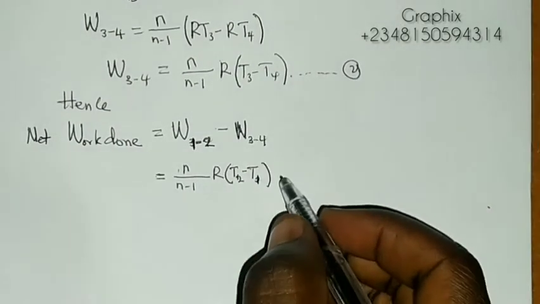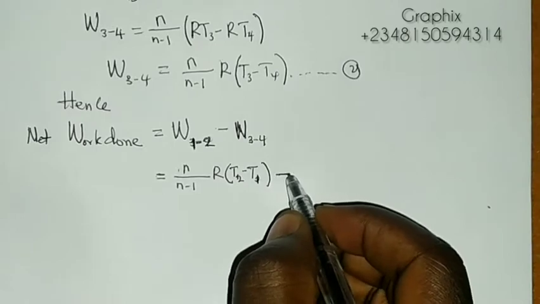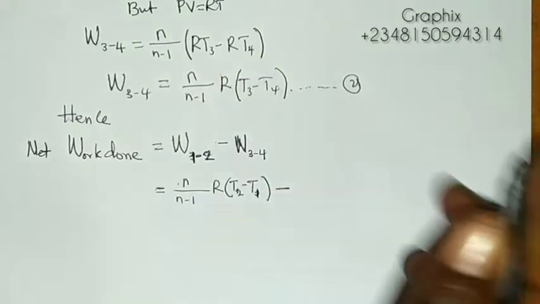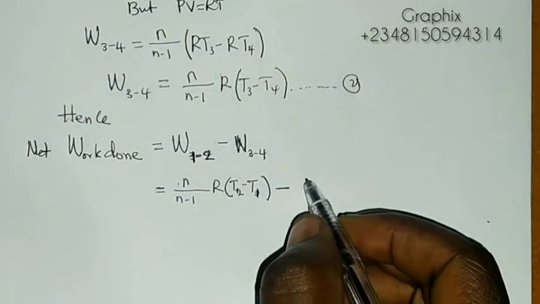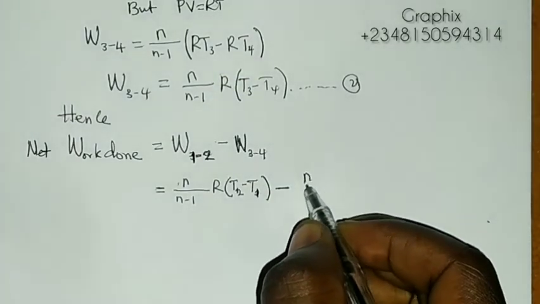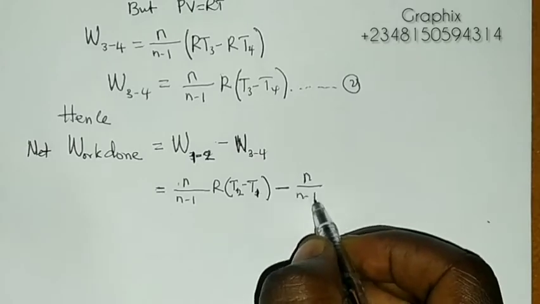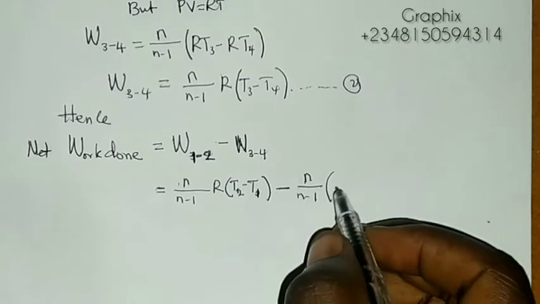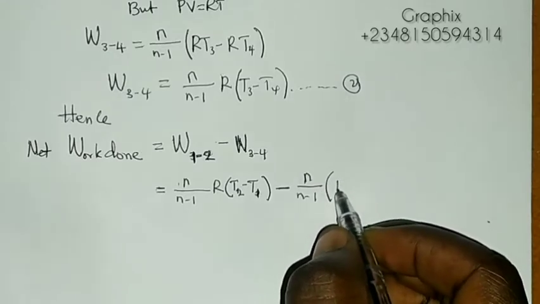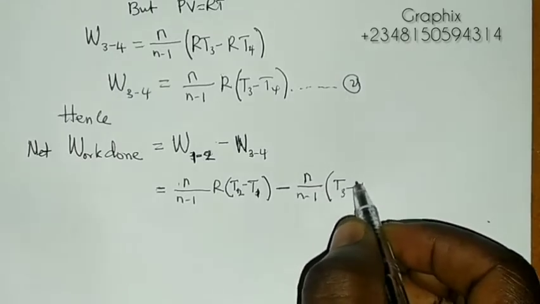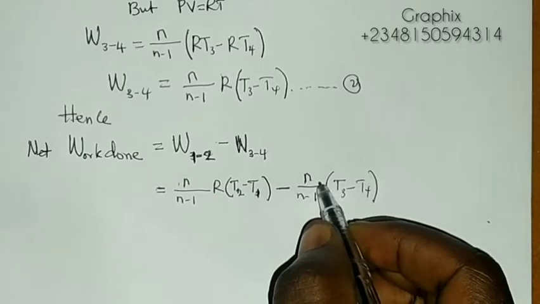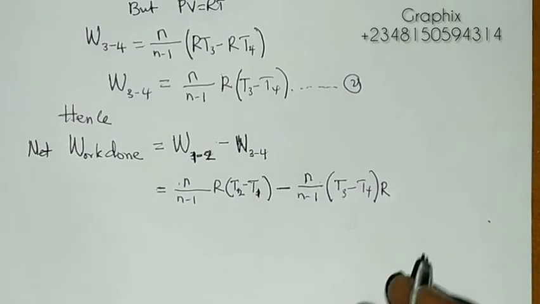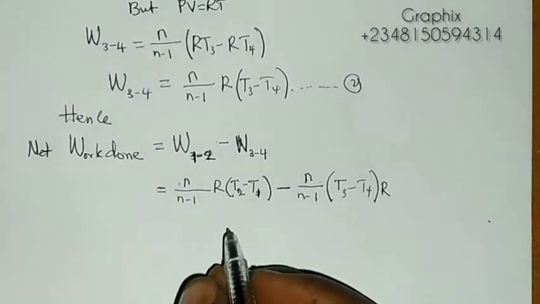Minus the work done by the expander. The work done by the expander is what we have here, and that will give me n all over n minus 1 into brackets R times T3 minus T4. Now if you look at both of them, what is common?